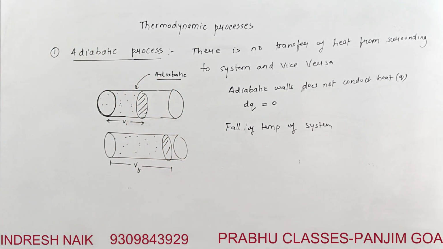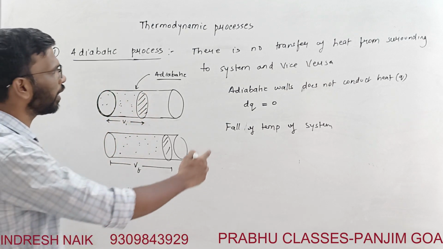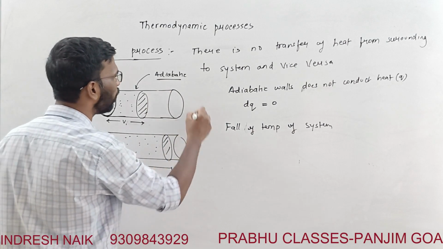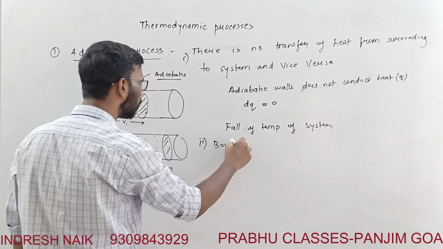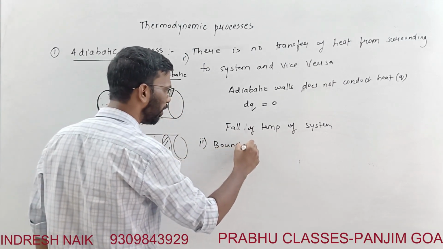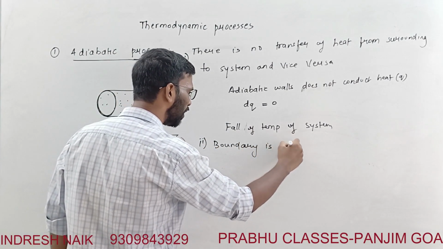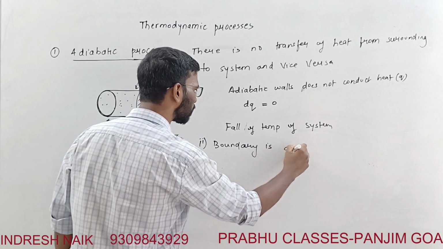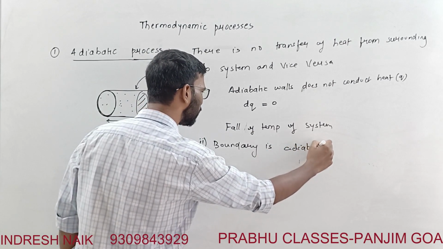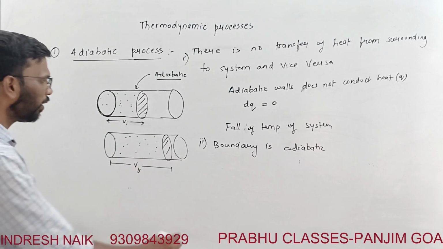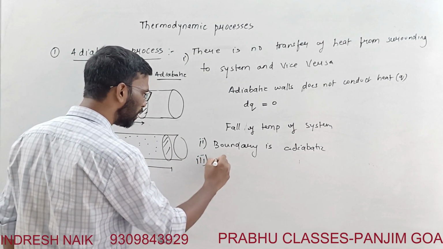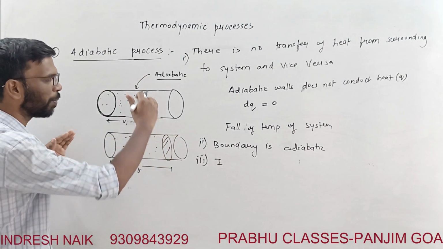This is one point. The second point is about the boundary: the whole cylinder boundary is adiabatic. Third point, in the adiabatic process, as in this expansion, the temperature is falling.